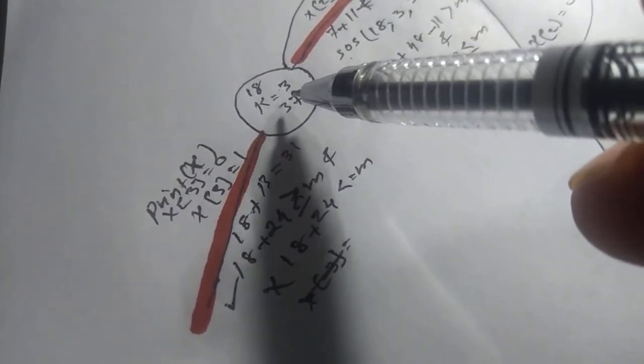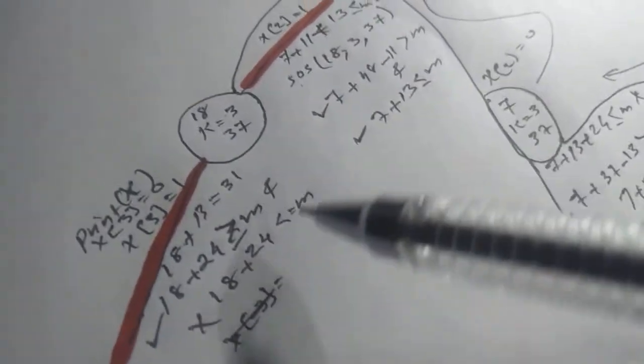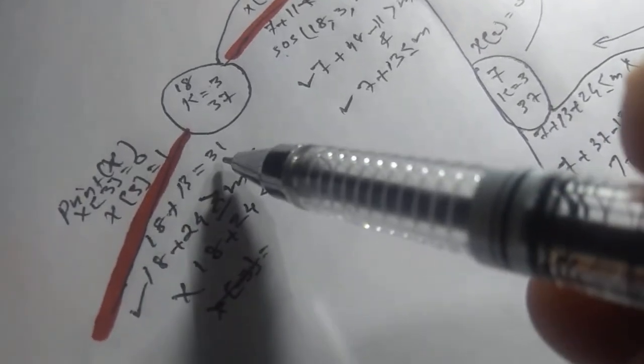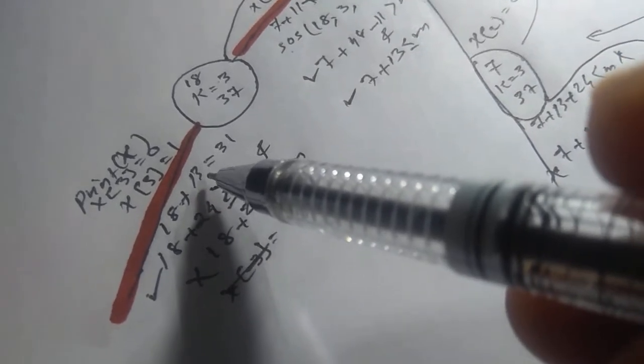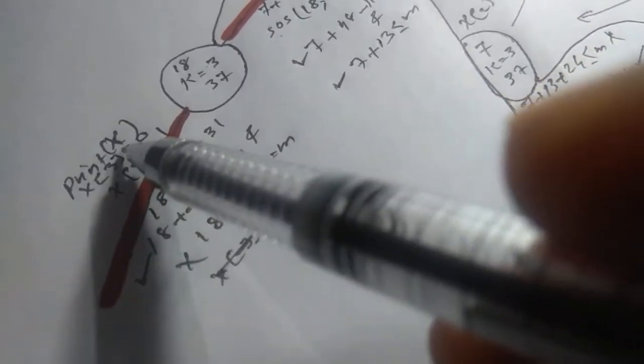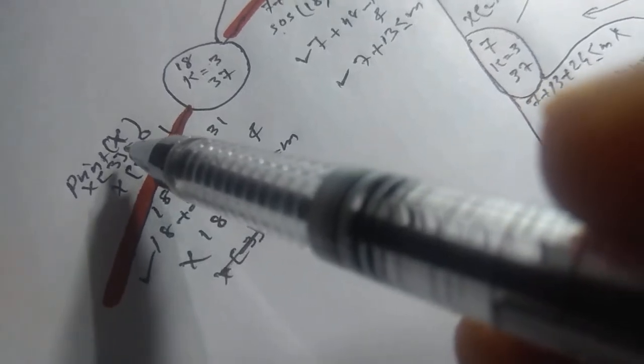What is w3? w3 is 13. So 18 plus 13 equal to 31, equal to m. That is correct. Then what does it have to do? It has to print the array x. Okay, it has to print the array x.